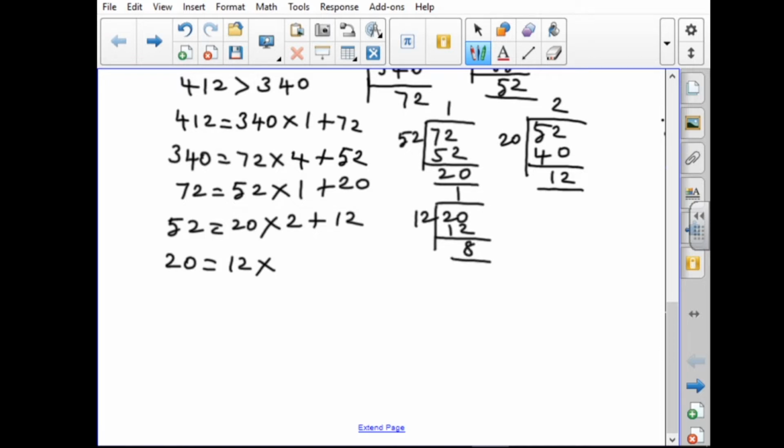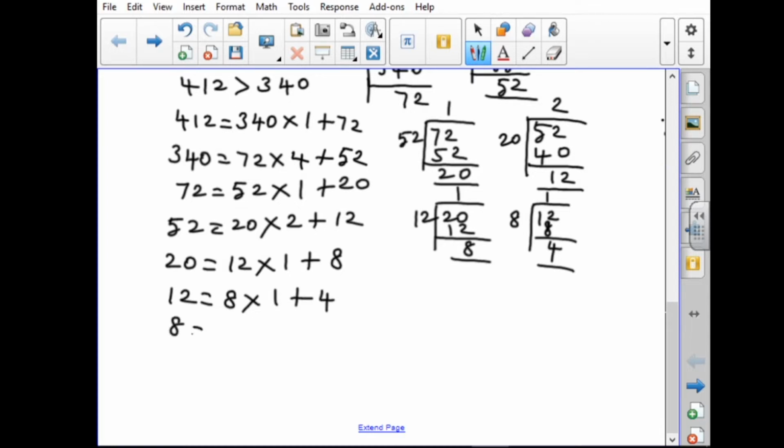So 12 into 1 plus 8. Again 12 equals 8 into, this is the dividend, this is the divisor. So you divide 12 by 8, 1 time 8, balance 4. So 8 into 1 plus 4.